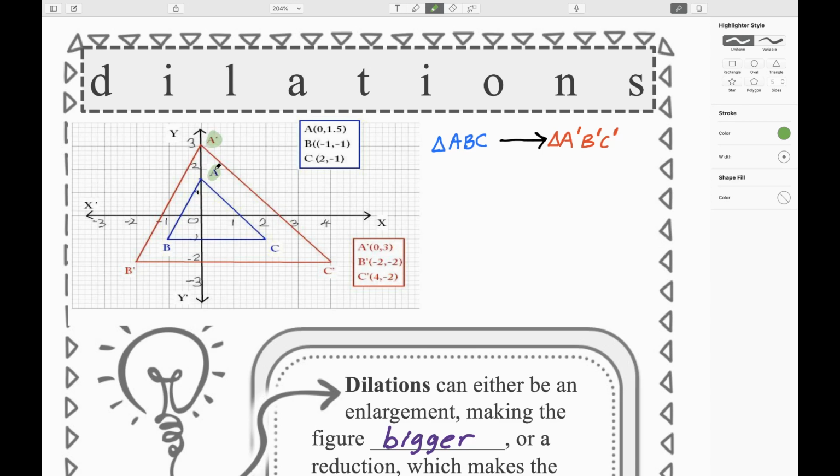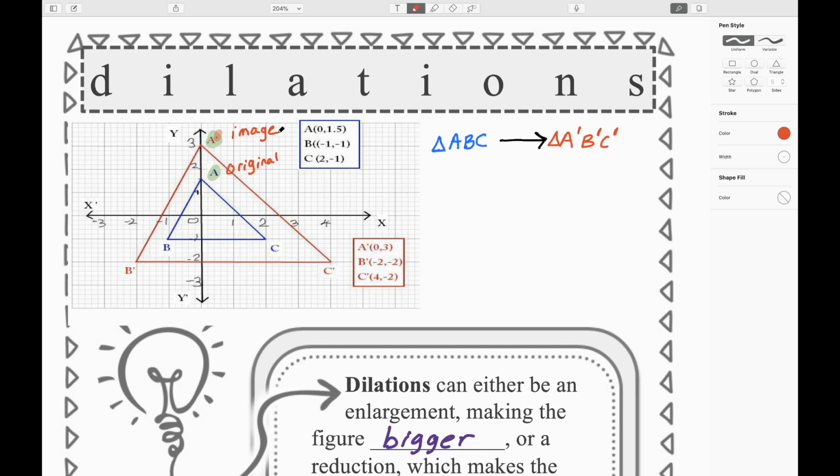So you see here that we have these little dots right there. They're little apostrophes, and we call that prime. So what that's saying is that this is the original, and this is the image. It's the after. What did we get after we, in this case, enlarged it, made it larger?